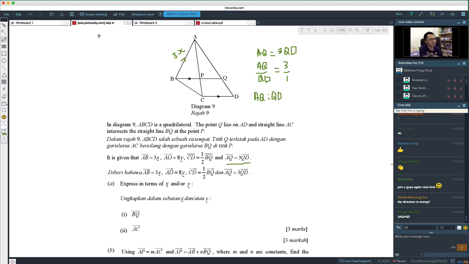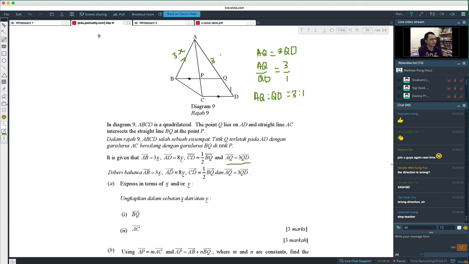So AQ is ratio 3, and this is ratio 1. Just now A to D is 8y, isn't it? So the 3 over here will represent 6y, the 1 over here will represent 2y, in this direction. So always find out the ratio first. It's very easy.